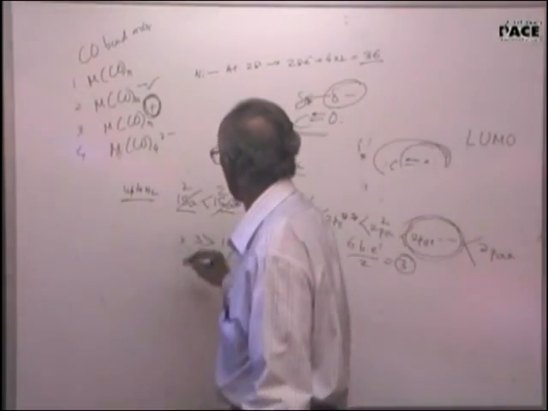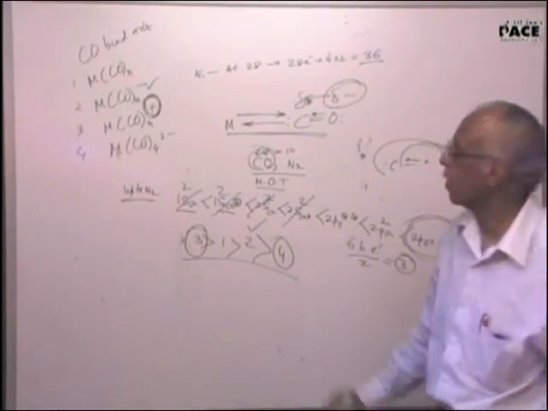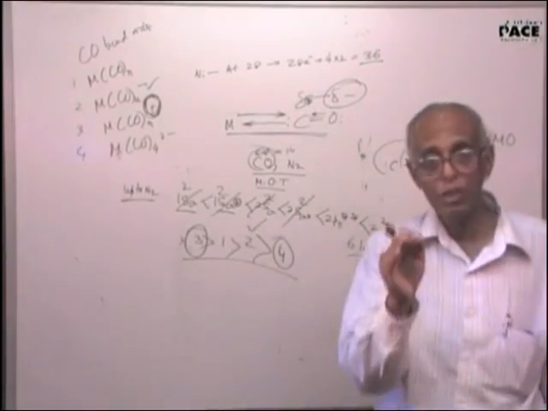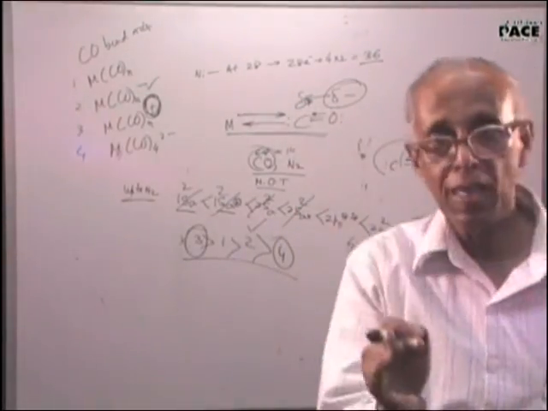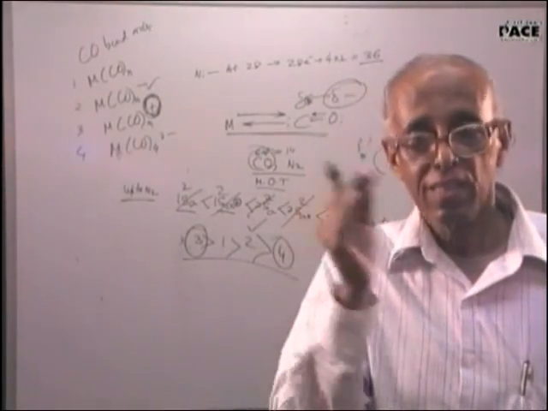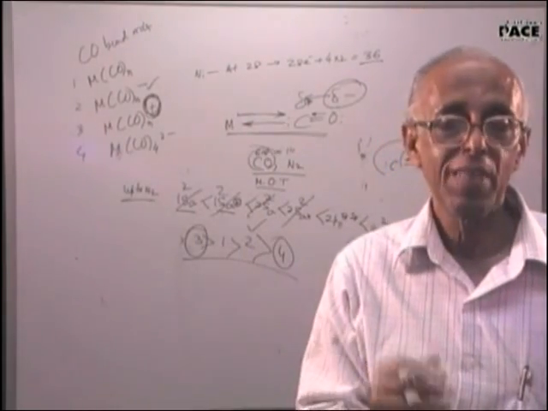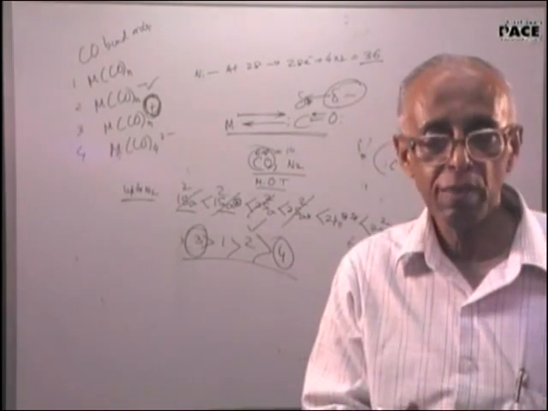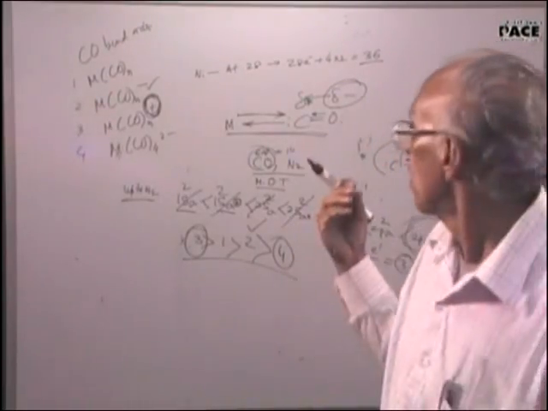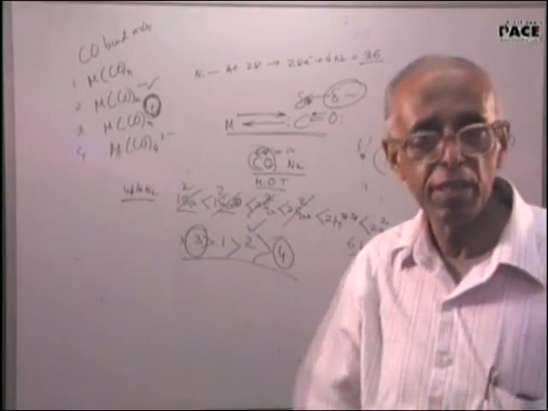So in 3 the CO bond strength will be the highest because it has a positive charge on the metal ion. Because of the positive charge, the metal becomes electron deficient, so it will be a poorer donor. Then when the metal is in 0 oxidation state, it is less electron deficient, so it is a better donor, and the electron enters more into the antibonding orbital, so the CO bond order decreases.